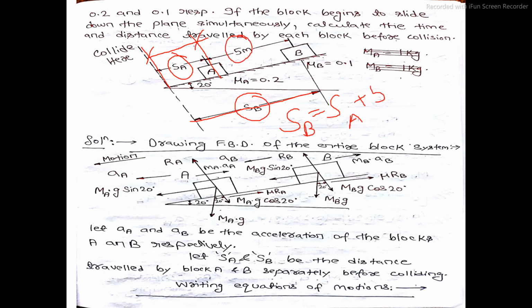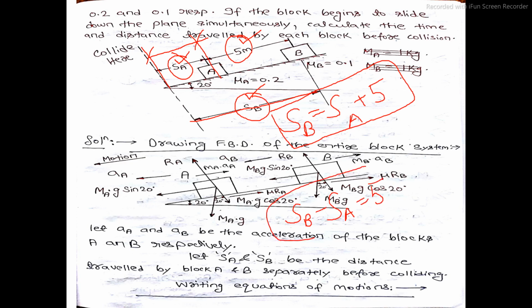Can we write like this? Yes, we can. From the diagram it is very clear that SB, the distance travelled by block B before colliding, is equal to SA, the distance travelled by block A before colliding, plus the intermediate distance between block A and block B, that is 5 meter. Or I can write SB is equal to SA plus 5, or SB minus SA is equal to 5.